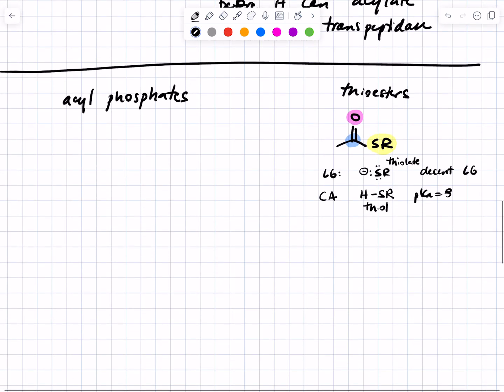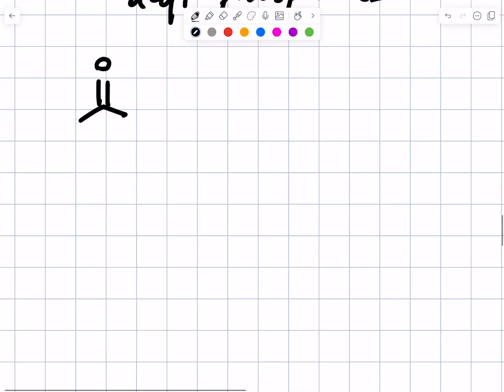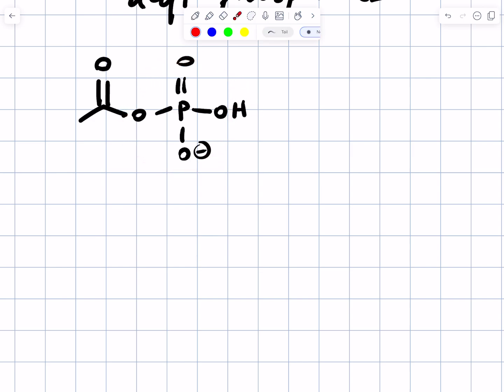Similarly, you have seen before acyl phosphates, which I'll draw again now. In the acyl phosphate, the yellow group is a phosphate group. I'm going to draw it in this particular protonation state. Some people will draw it with a negatively charged oxygen there. Either of those is fine. Again, here's the carbonyl carbon, carbonyl oxygen, and here's the yellow leaving group.